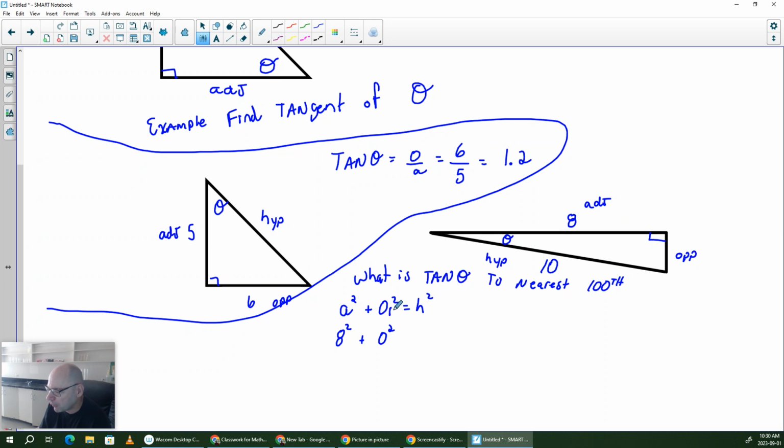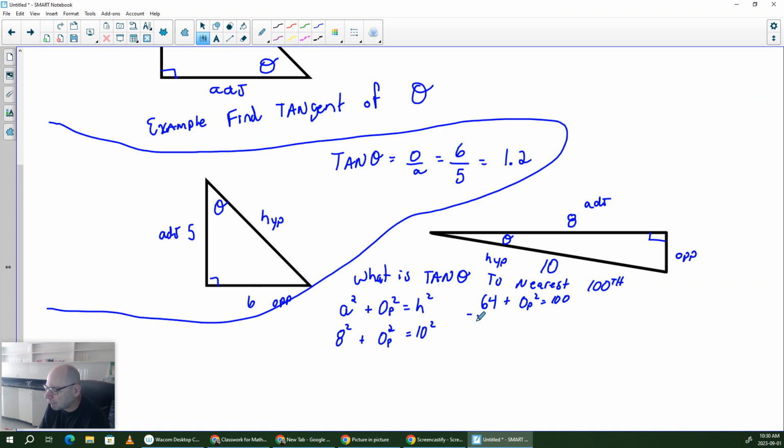Let's go OP squared so that we don't think it's 0, okay? Because then we get mixed up later when we're looking back. And then 10 squared. Okay, so OP squared by itself. So that's going to be 8 squared plus OP squared equals 100.